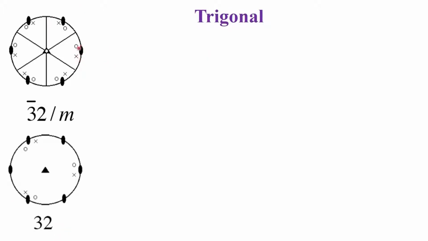In this particular case you see 1 2 3 4 5 6 7 8 9 10. So, there are 10 equivalent points, and this is interesting because what will happen when it is put in a 3-dimensional lattice? In other words, what will happen to this point group symmetry when we describe it with respect to a lattice? This question you keep thinking about, we will discuss it when we describe the space group associated with the trigonal symmetries.